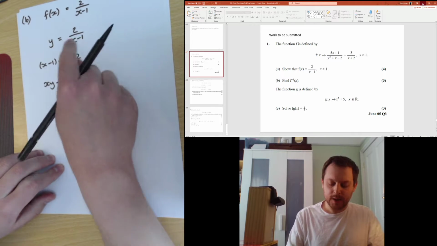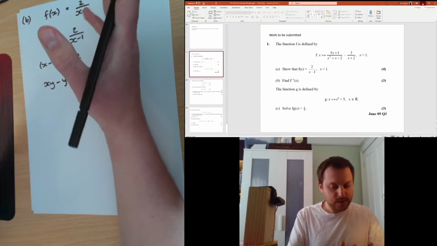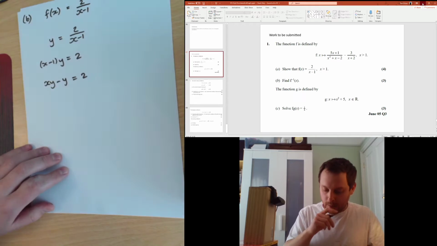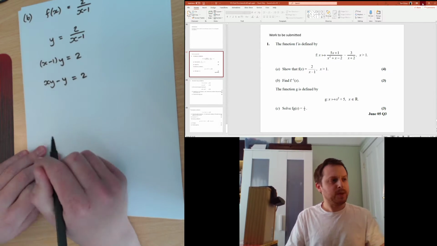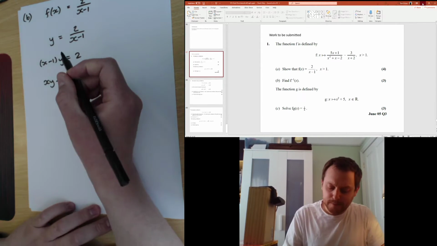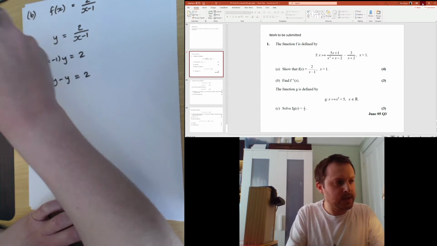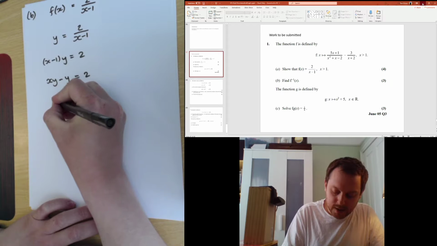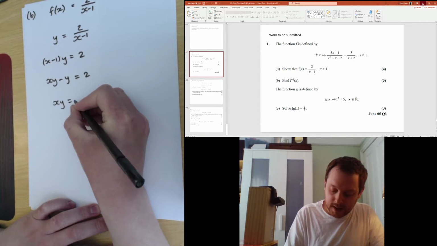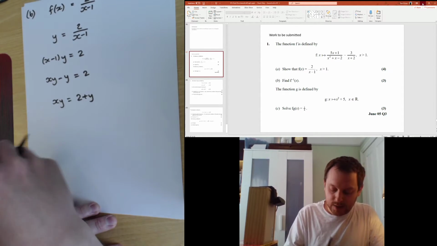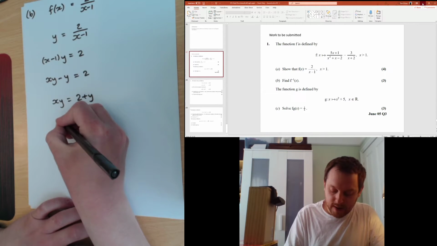You'll have seen questions like this before, even at GCSE, 3-4 mark rearrangement of formulas questions. So the idea in those would be you then factorize and then divide. In this situation, it's much easier because the x's are already all together. So I'll just divide by y.